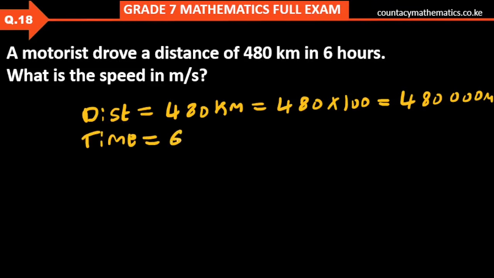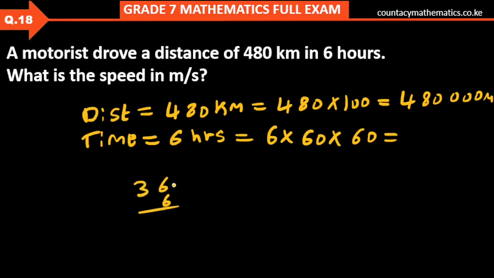Time is 6 hours. You can convert this one also. How do you convert that? You first convert the 6 hours to minutes by multiplying by 60, and then you multiply by 60 again to get it in seconds. And what do you get once you do this? You have 6 times 6, that is 36, times 6.